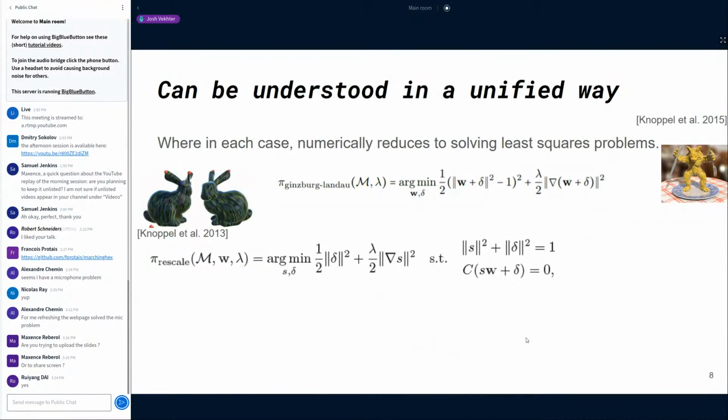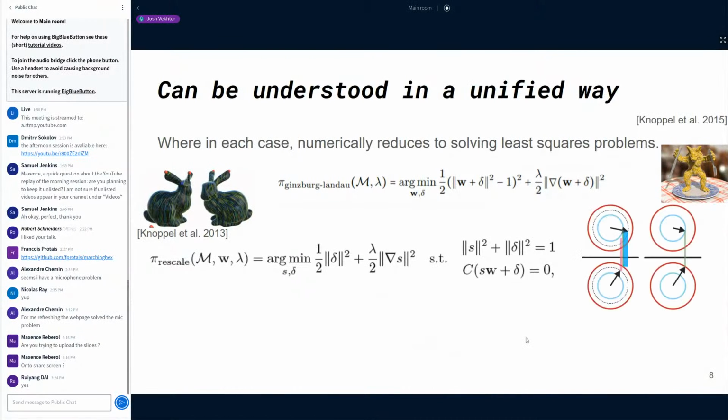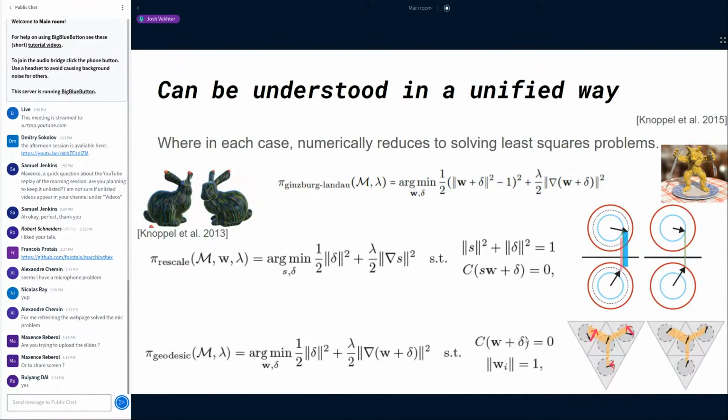Once you find this globally optimal rescaling, you'll be able to integrate your vector field, and you'll get these nice evenly spaced stripe patterns. And so the thing that we were working on for the weaving project was we wanted a field that was everywhere integrable and everywhere close to unit and smooth.